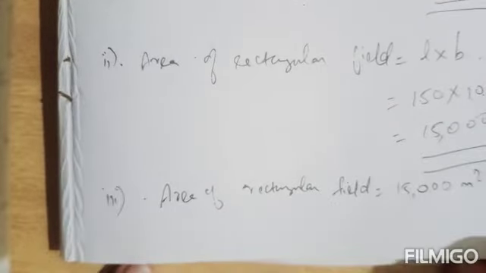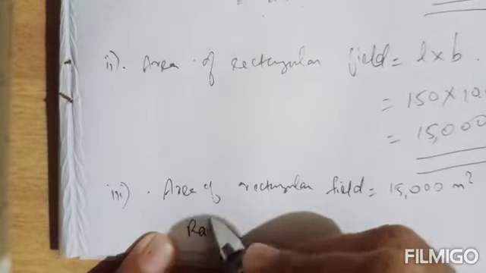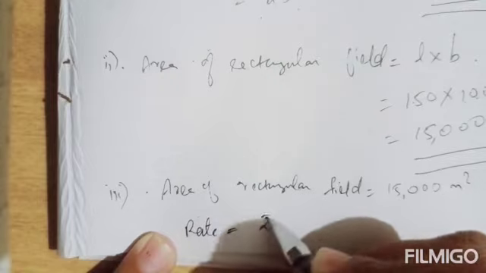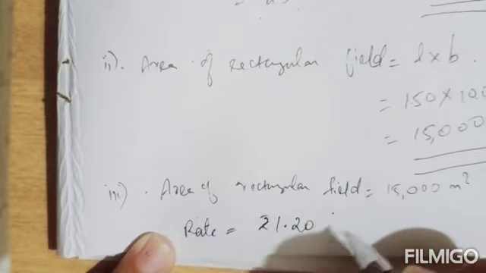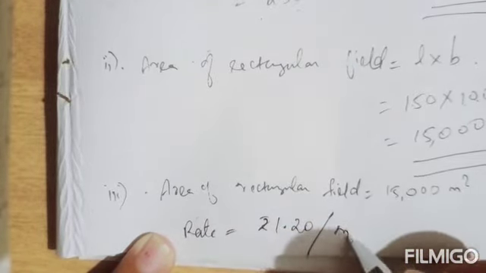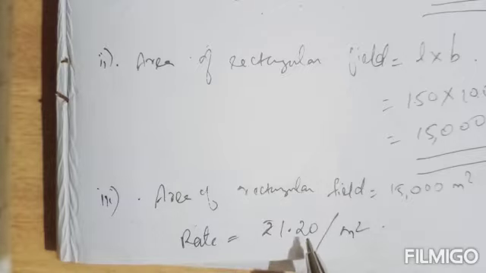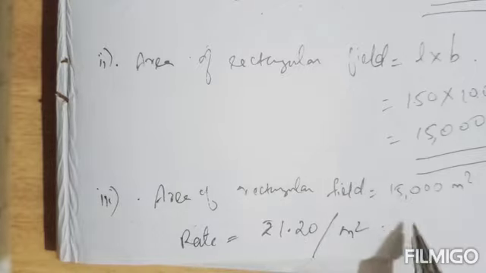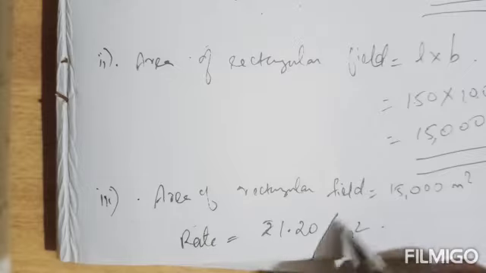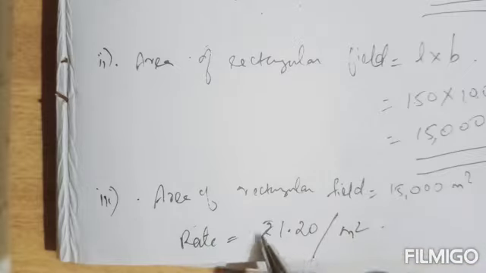And rate of plowing, it is given rupees 1.20 per square meter. Okay, rate of plowing, it is given in the question. 1.20 rupees per meter square. That means for plowing 1 meter square, what will be the cost?